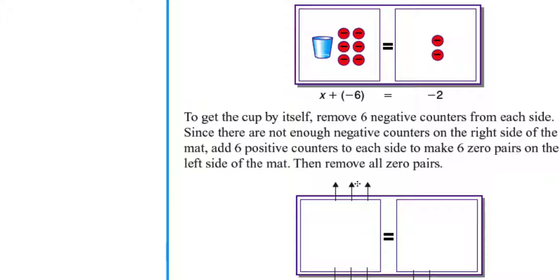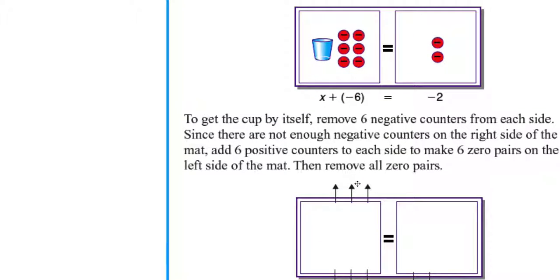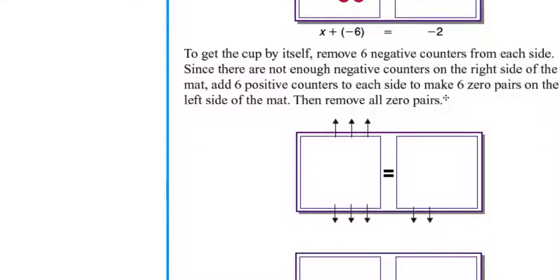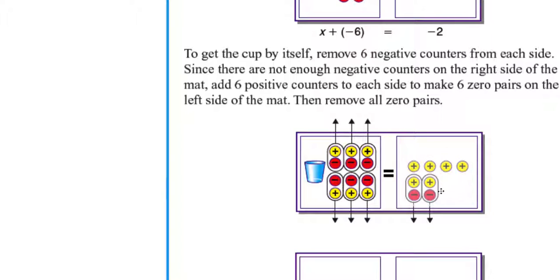Okay, then remove all our zero pairs. So remember, when we add 6 positive counters here, we need to add 6 positive counters to the right as well. And this is what we get. So we added our 6 positive counters and we took out zero pairs, and that means we need to add 6 positive counters here as well. And if you notice, when we added 6 positive counters, we have 2 zero pairs, and we simply took out the 2 zero pairs.